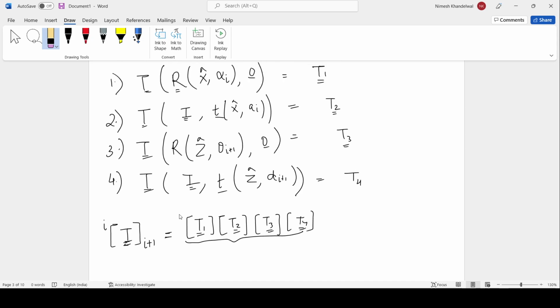One more thing, if you see, both these transformations 1, 2 and 3, 4, they are the rotation and displacement about the same axis.